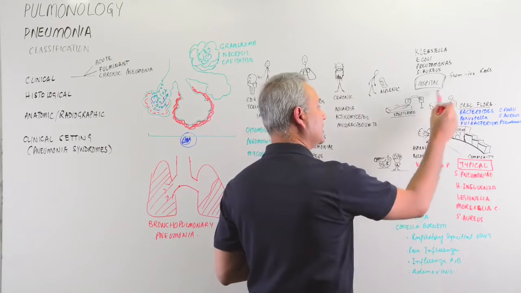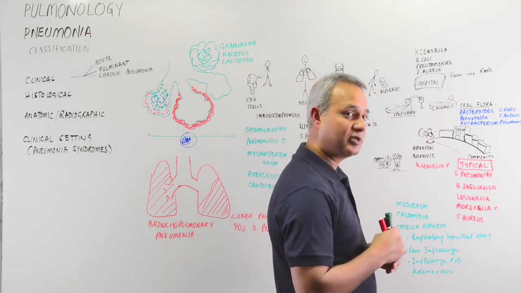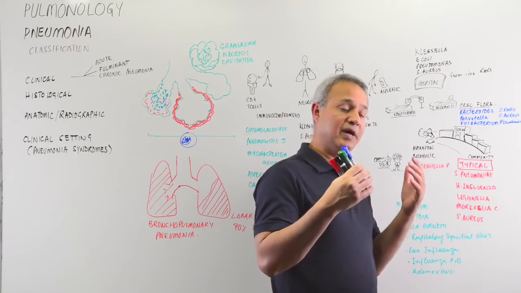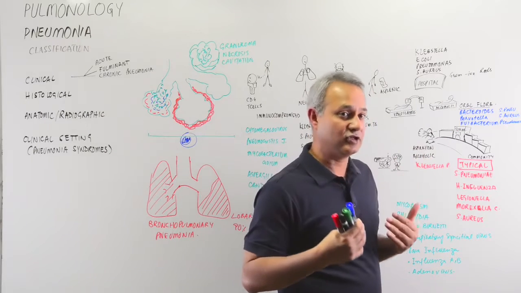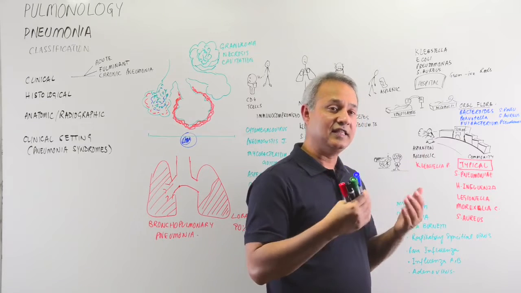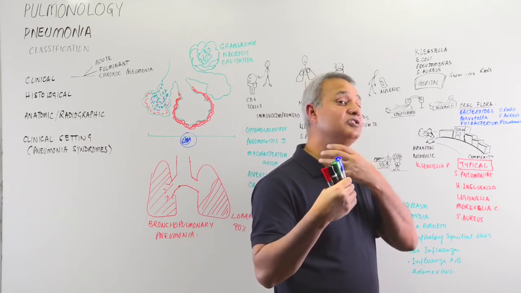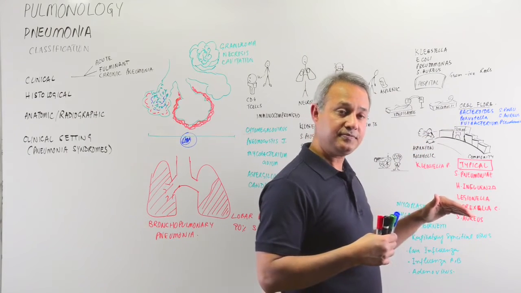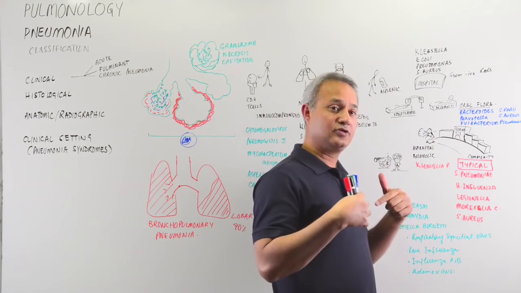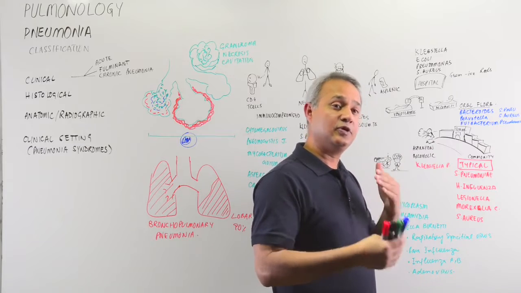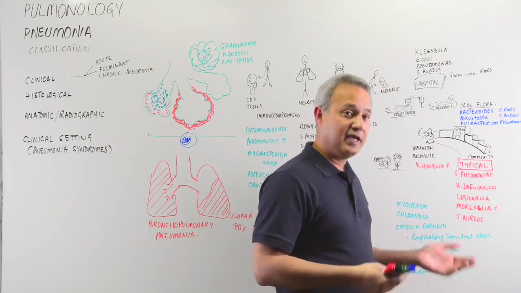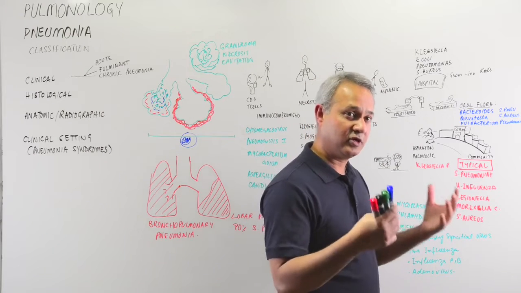Important thing here is alcoholics, once again inside the hospitals, or other folks who are bedridden and maybe have had a stroke and are unconscious. They might aspirate their oropharyngeal secretions that would have oral flora. So oral flora would also cause pneumonia in the people who are aspirating. That may be alcoholics, they aspirate more often than others, and secondly people who are bedridden because of strokes.